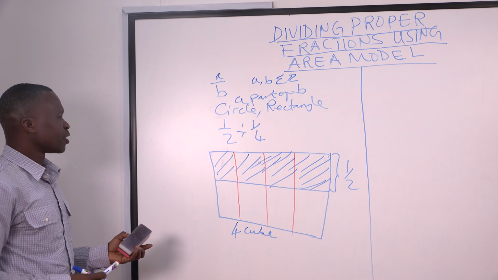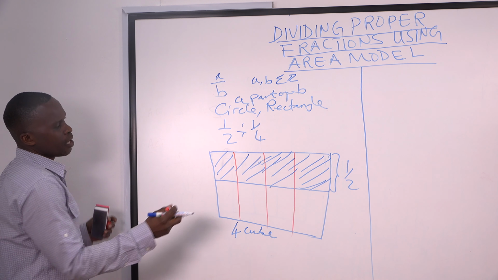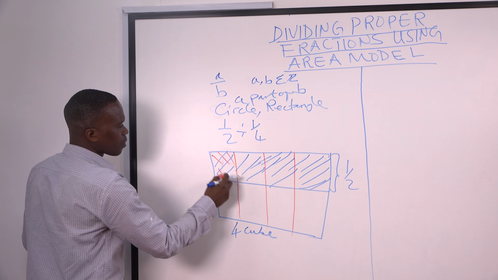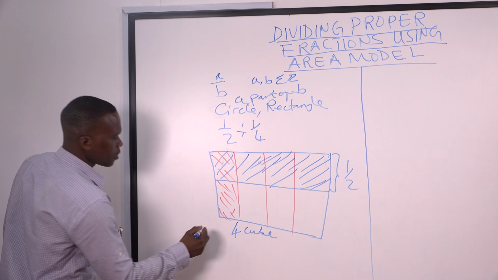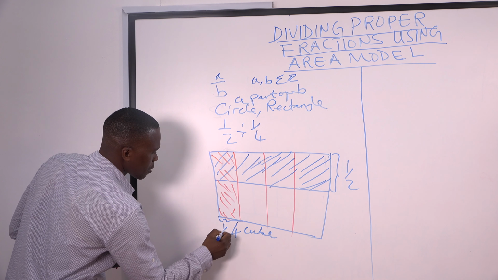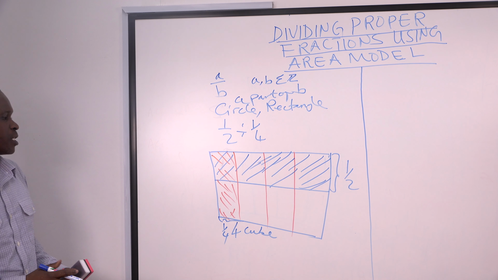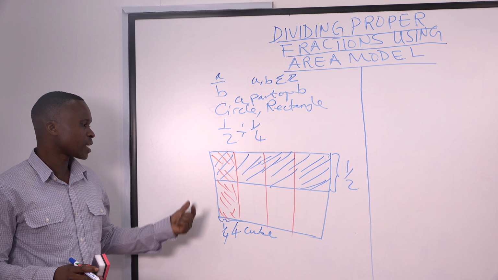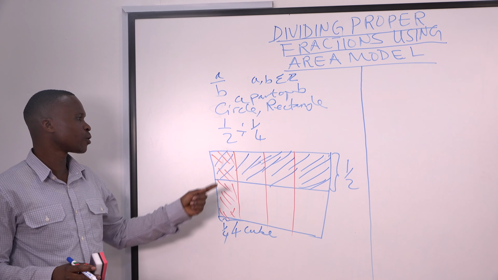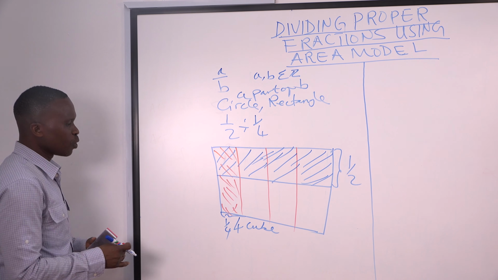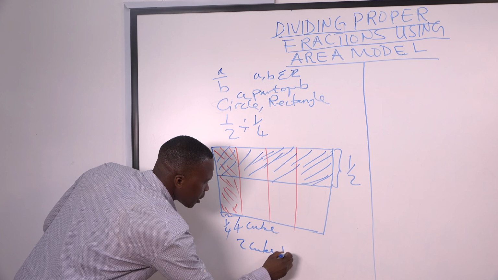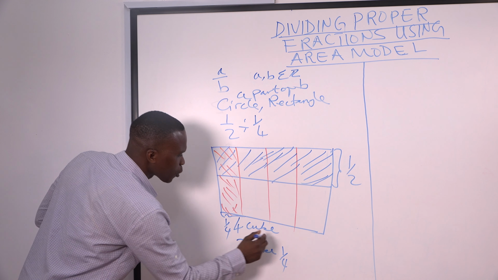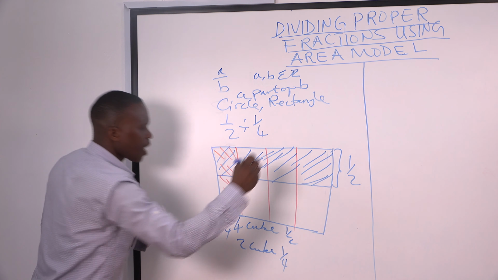Then after that, you shade a quarter. This is a quarter. Also, you need to count in order to understand how many cubes you have in a quarter. 1, 2. We have 2. So we have 2 cubes in a quarter, and we have 4 cubes in a half.